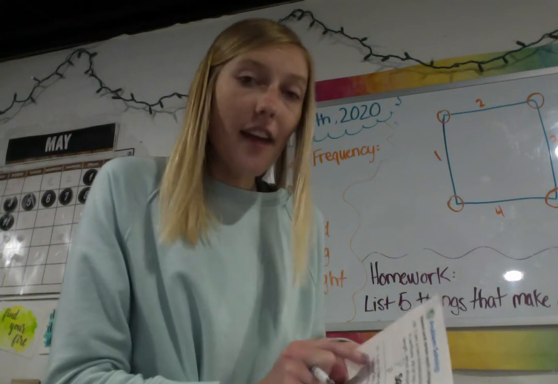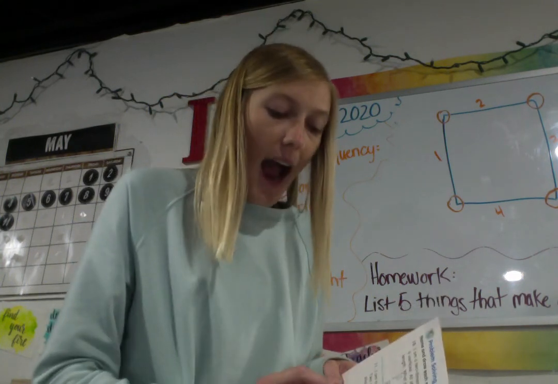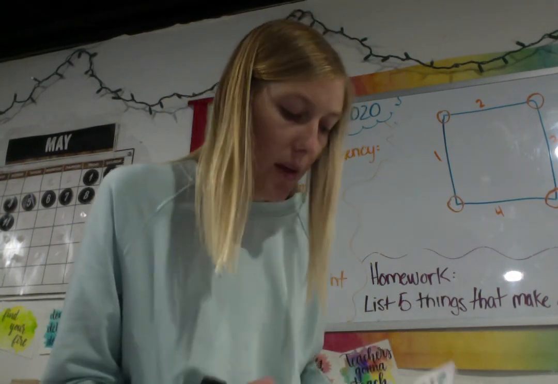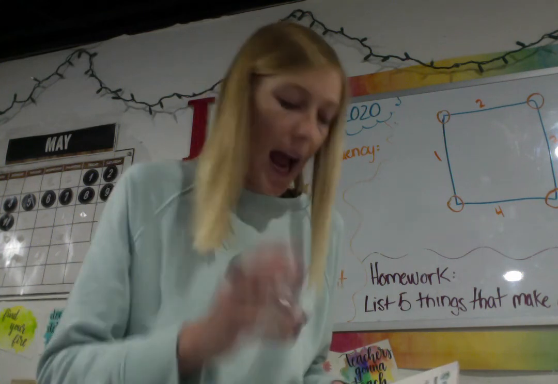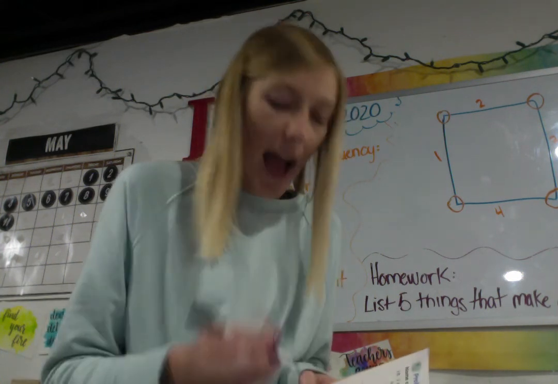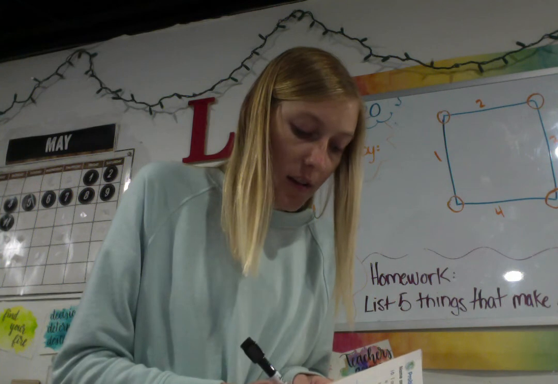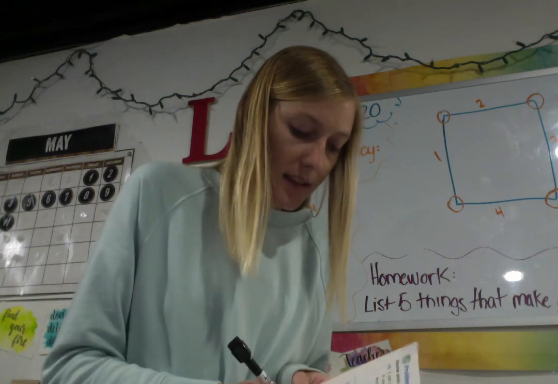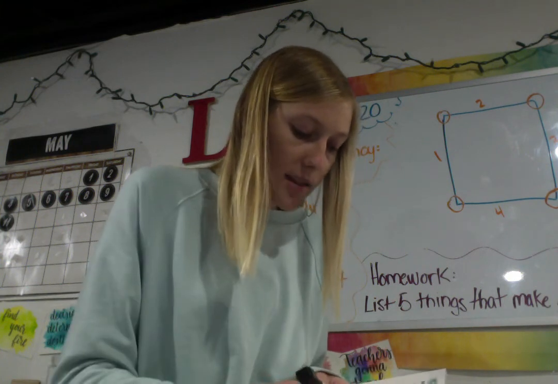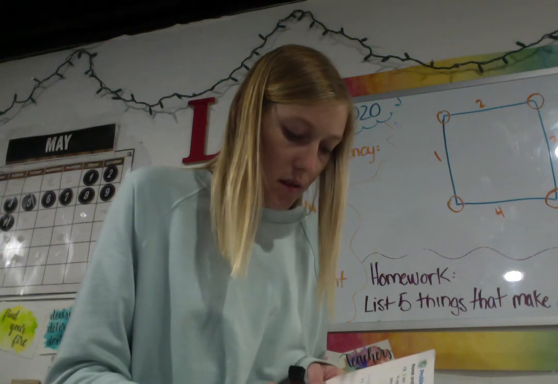Number 11, right underneath that, says, I am a 2-dimensional shape that has 4 sides. 2 of my sides are long, so I'm going to draw 2 long lines, and 2 of my sides are short. What shape is that? Who can raise their hand and tell me?